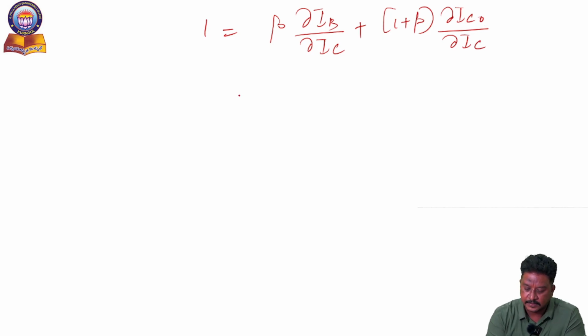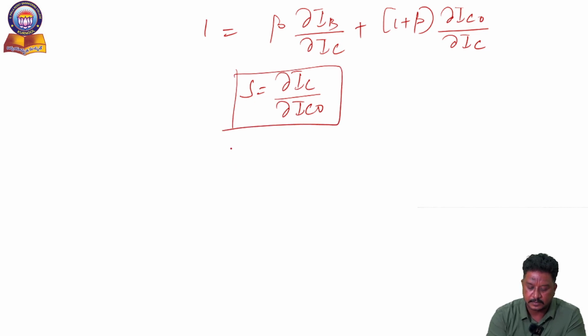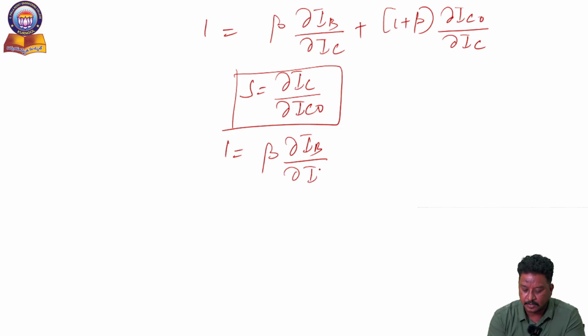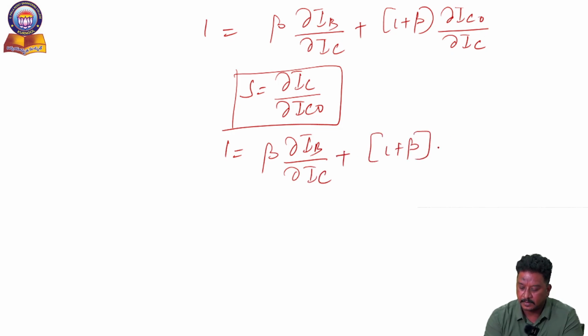So this stability, from the basic definition, is change of IC by ICO. So this already we know, I am considering in the above equation, beta into change of IB by change of IC plus 1 plus beta by 1 by S. So that I have to find out the stability factor.